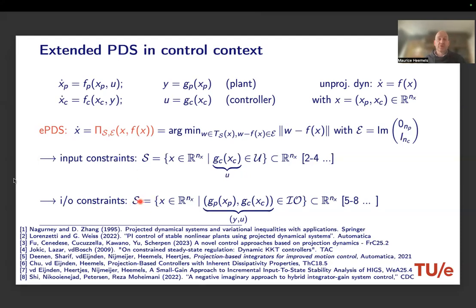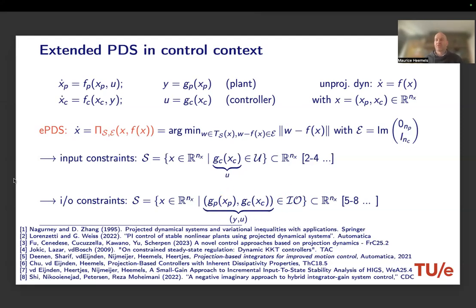The ones that we're particularly interested in, in this talk, are where the constraint set is not only defined in the controller state, but also depends on the plant states. In particular, we will be interested in the case where the input-output pair of the controller, Y and U, expressed in terms of the states in this form, lies in a certain input-output constraint set.